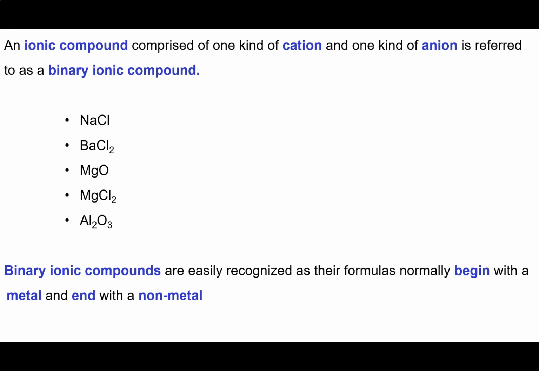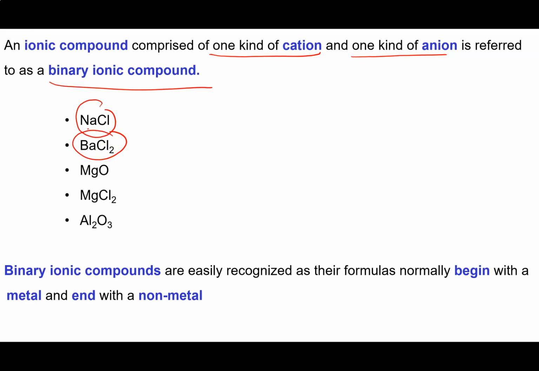Okay, so the type of ionic compounds that we're interested in this chapter are what are referred to as binary ionic compounds. And in binary ionic compounds, you have one kind of cation and one kind of anion. Now, that doesn't mean that you can't have multiple cations and multiple anions, but there's just one type of each. So here we have sodium ions combining with chloride ions in a 1-to-1 ratio, but here we've got barium ions combining with 2 chloride ions.